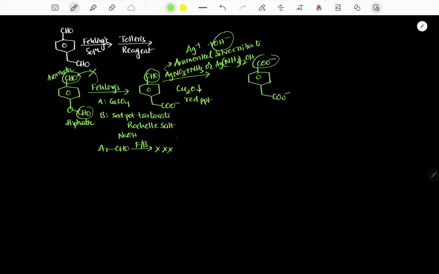This is the oxidized part, plus Ag+ will be reduced to silver. Suppose it is a beaker, it forms a silver lining. This reaction is known as the silver mirror test and also as the Tollens test. It is an example of a redox reaction.